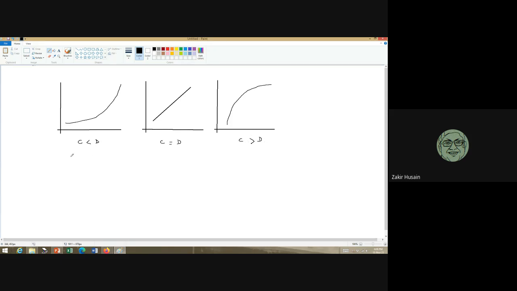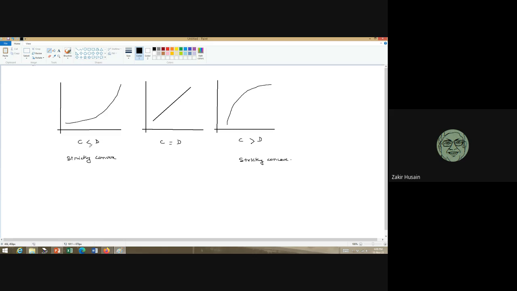Okay, so we call this strictly convex. We call this strictly concave, right? And how do we classify this?